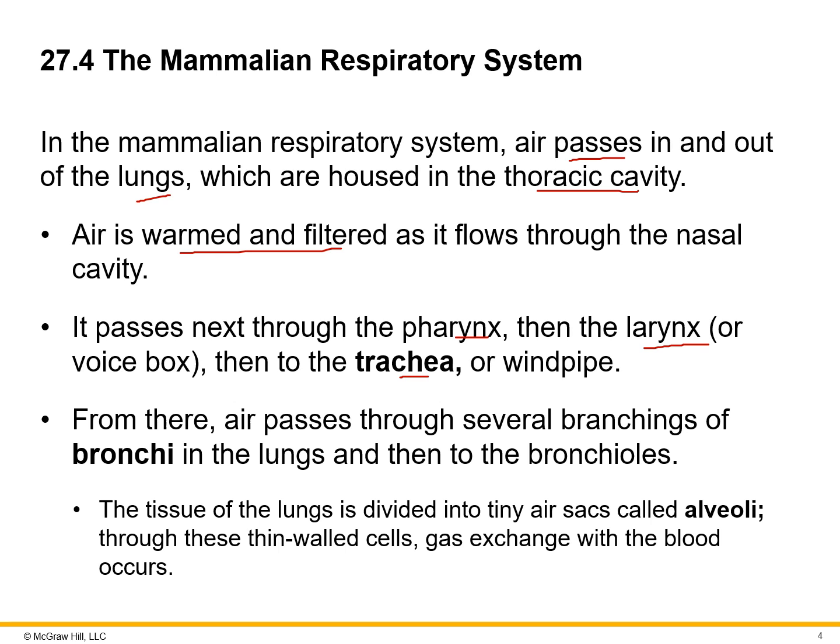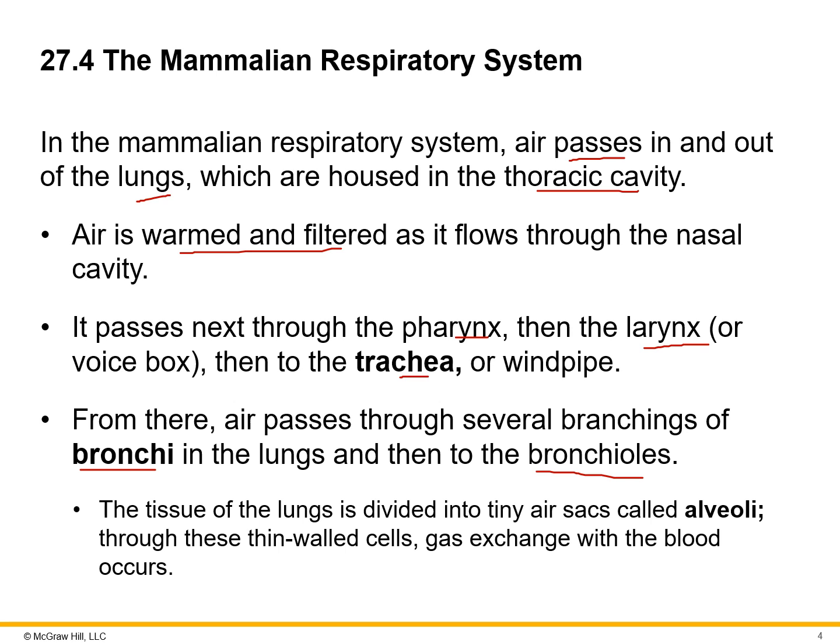From there, that air passes through branches called the bronchi, and then into smaller vessels referred to as bronchioles. Similar to the circulatory system, where we have the big arteries that branch into the arterioles, the large trachea branches into the smaller bronchi, and then the bronchi branch further into bronchioles.